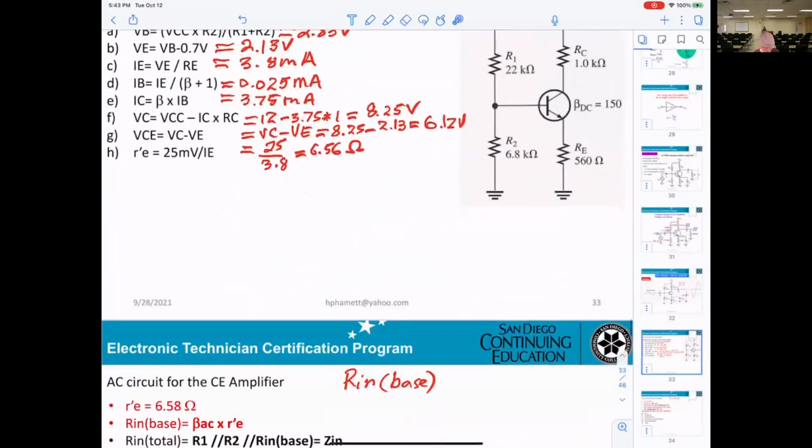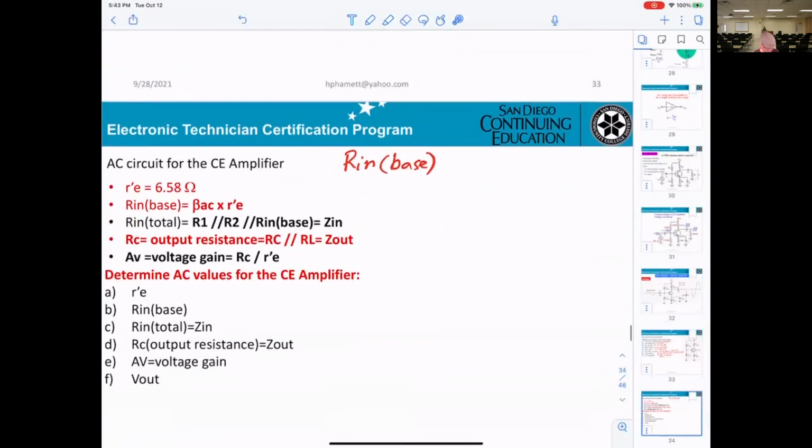The thing is, you can see the difference. Now, R in base means the base to the ground, by Ohm's law. That's what I try to go into detail for you. It equals what formula?